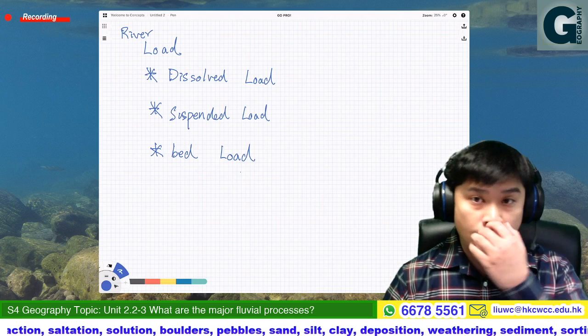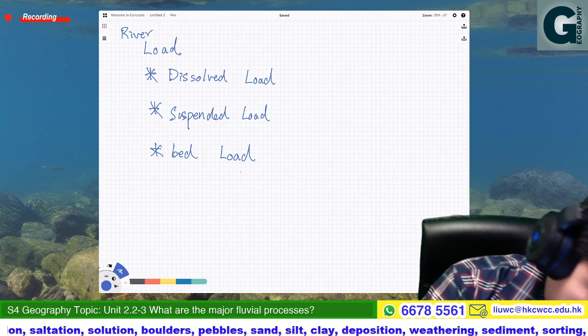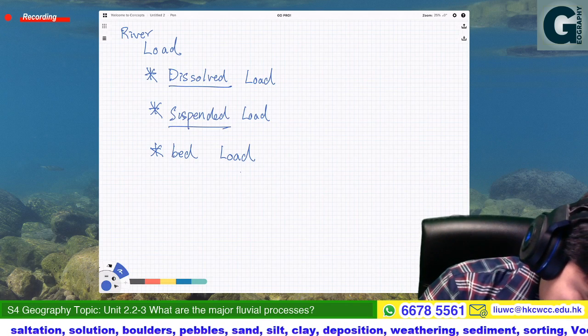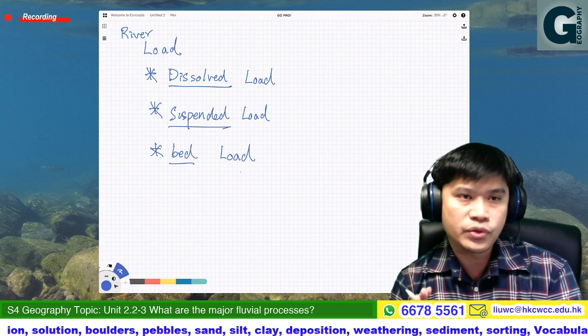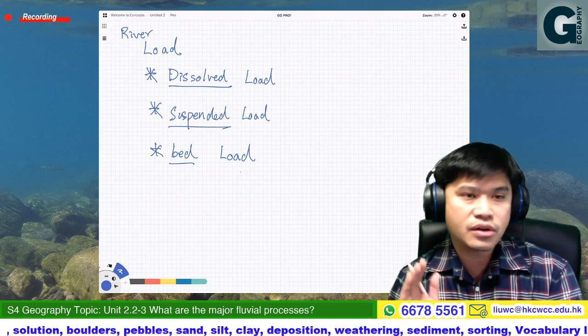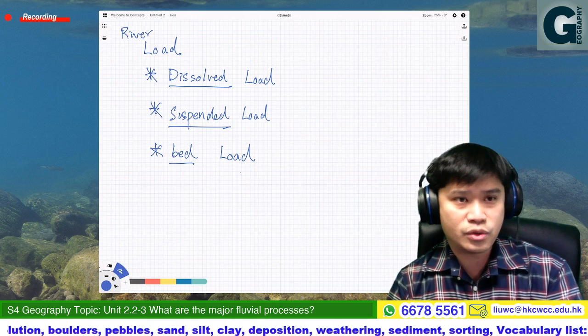From the names of these three types of load, dissolved, suspended, and bed, you can see the nature and the characteristics of those loads.